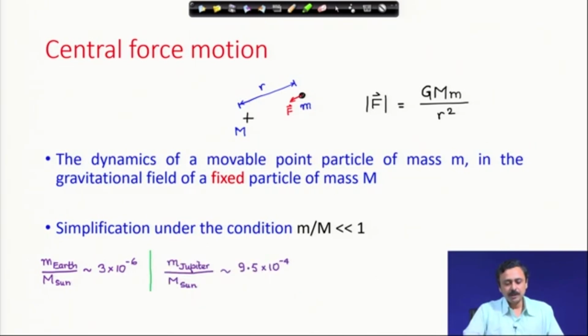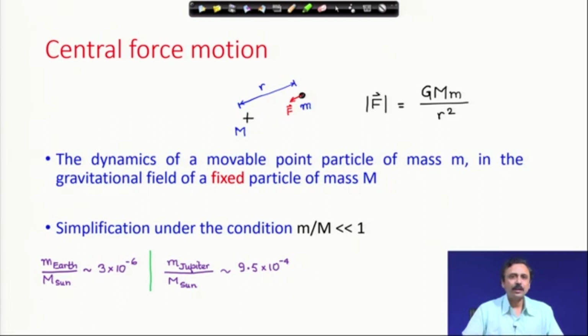Mass of Jupiter by mass of Sun. If I want to study the motion of Jupiter with the Sun as fixed, let us see what the ratio is. Mass of Jupiter by mass of Sun is 9.5 into 10 to the power minus 4, roughly 10 to the power minus 3, which is not very good, but not very bad either.